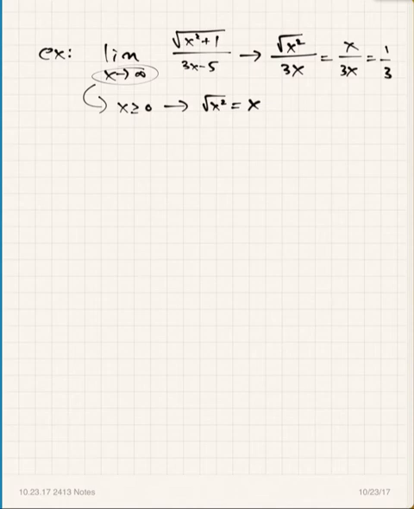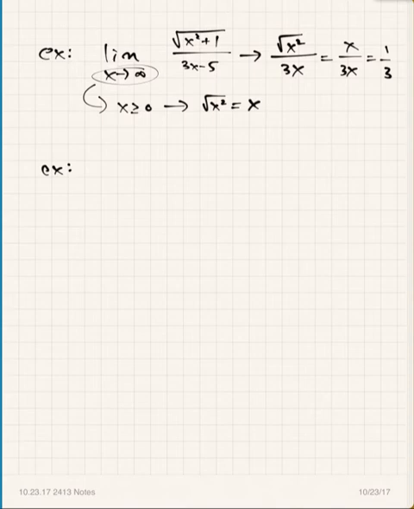Now you could use dividing by the largest powers of x here, but in this case, the largest power of x that you'd be dividing by would be x. And you'd have to worry about the radical a little bit as far as how you divide that out, and it would be trickier to do. A lot trickier to do, actually.